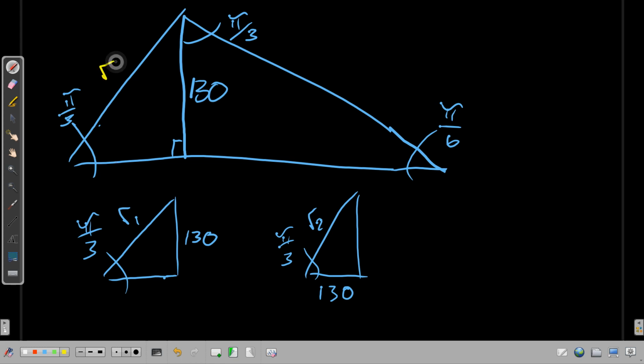Okay, so this is R1 and this is R2, and this dimension is R1 cosine pi over 3.